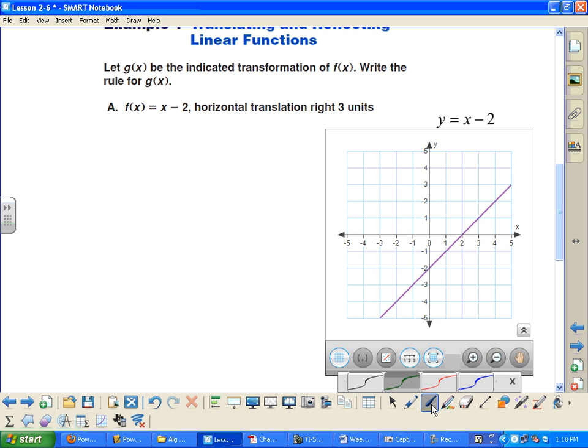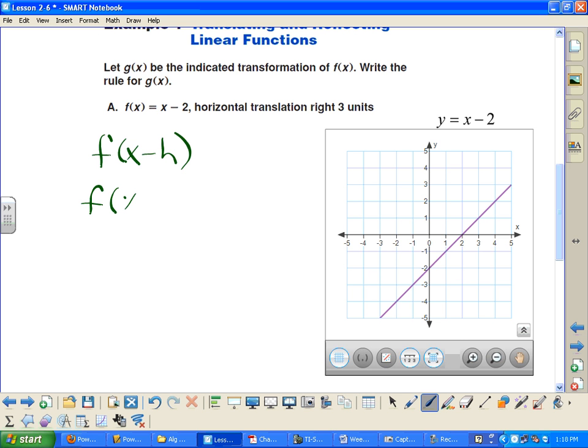Since it's a change in x, we are looking at f of x minus h, because we're going to the right. What's the value of h in this case? 3. So we're going to do f of x minus 3, which means I take my original function and replace x with x minus 3.